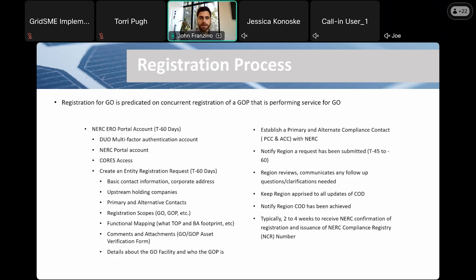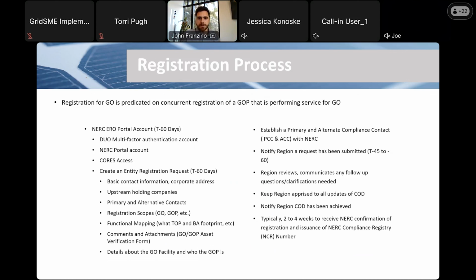But one of the challenging parts about registration is it's kind of a crapshoot black hole from the time you actually submit the registration request to the time that you truly get your NCR number back and issued, aka your audit period starts. It varies, right?